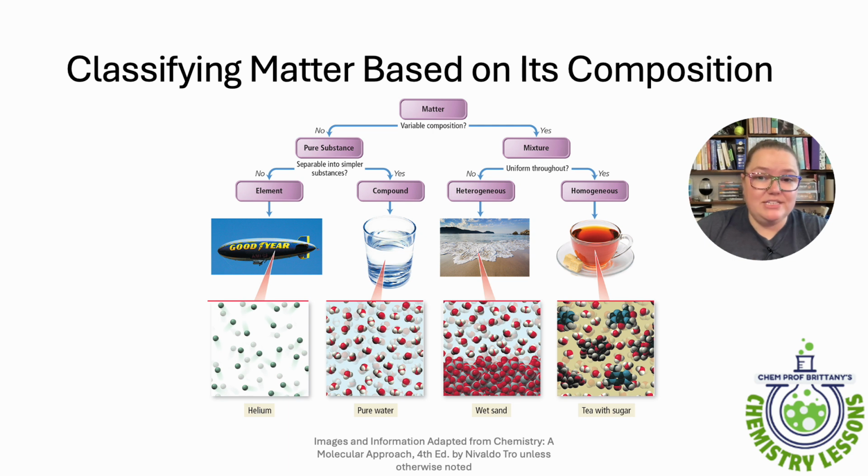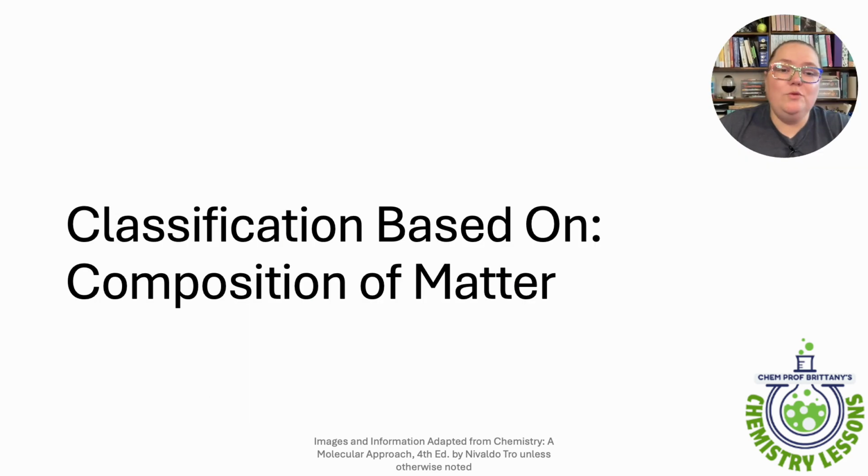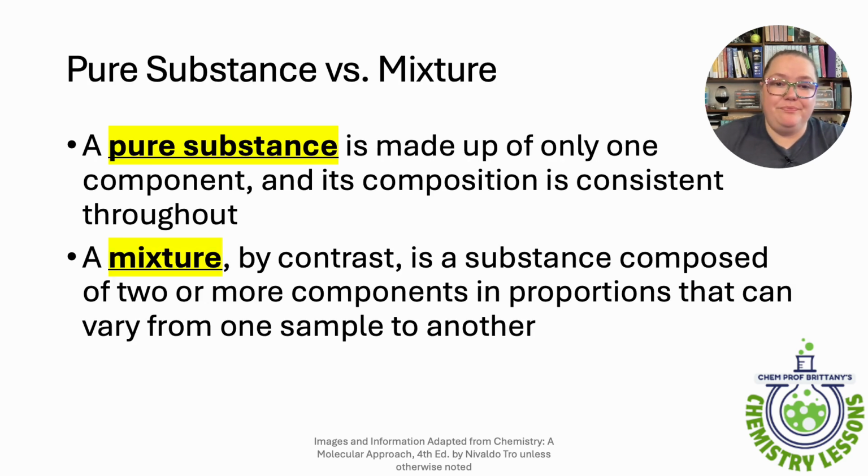So we have talked about classifying matter based on its phase. Now we're going to talk about classifying matter based on its composition. When we classify matter based on its composition, we do this in two ways, based on whether it's all the same stuff or all different stuff, how it looks, etc. So let's talk about that.